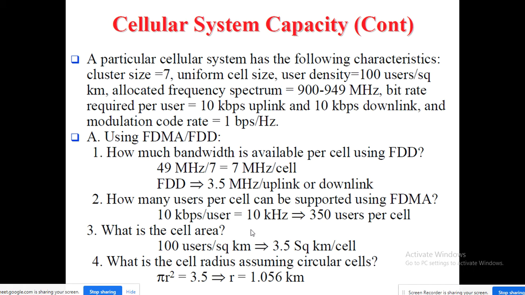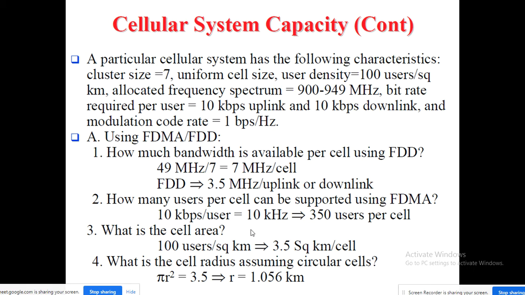Cell radius. Cell is hexagon. Remember that we have seen drawing the radius by covering 19 users, 7 users, 4 users. Right? So how to compute the cell radius? So please remember that they have given the area. So how to compute the cell area? 100 users per square kilometer.